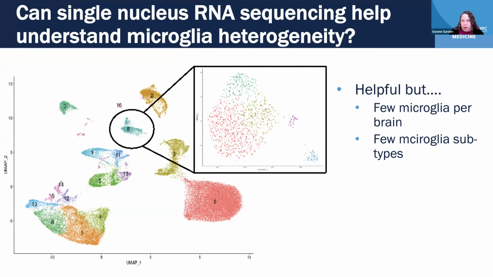So one way that you can try to get at that question is through a technique called single cell or single nuclei RNA sequencing. Now, what you do in that technique is you take a piece of brain, and when you use human brain, typically we have to isolate the nuclei away from the cells in order for this technique to work.